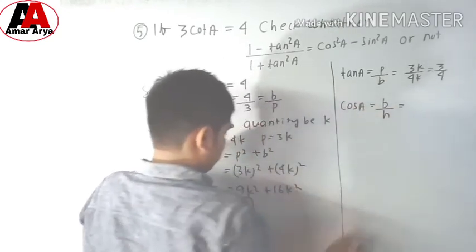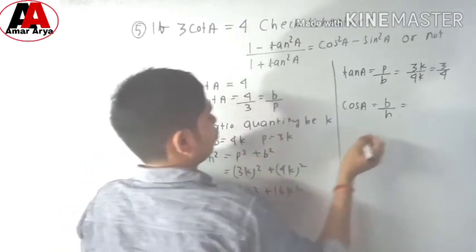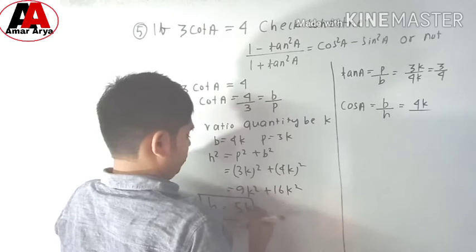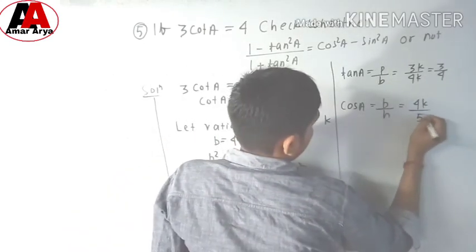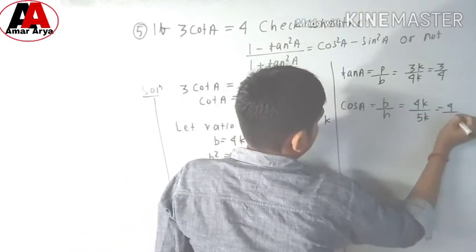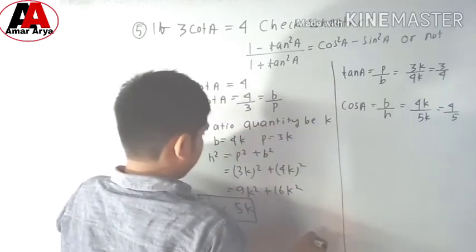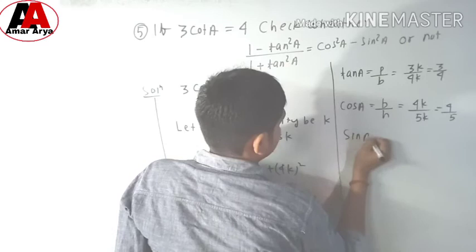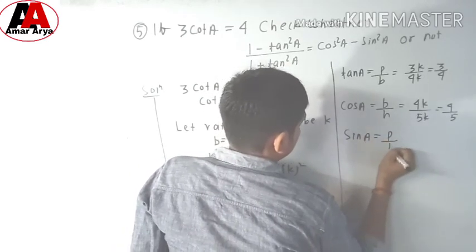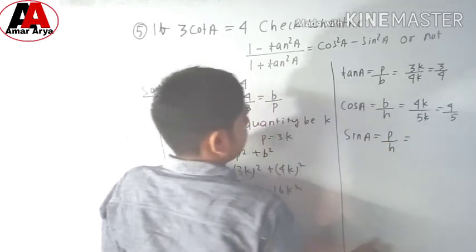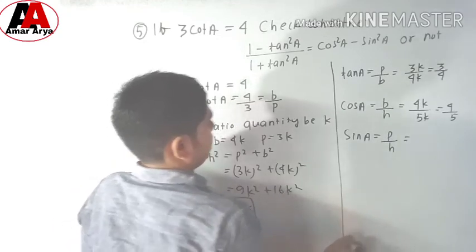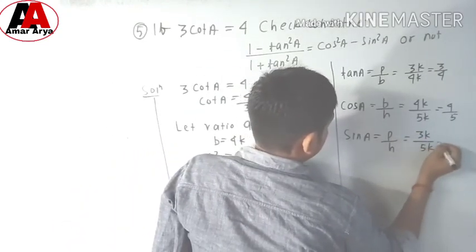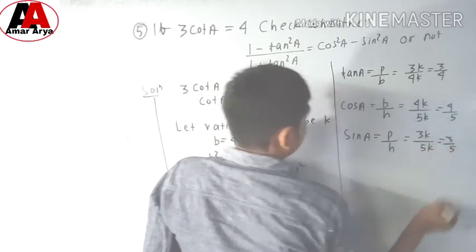So b equals 4k and h is 5k. So this is the value 4 by 5. And after that sin A is p by h. So p is 3k, so 3k by 5k. So here is 3 by 5.